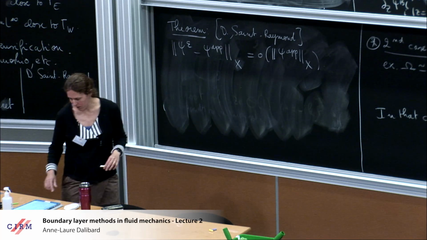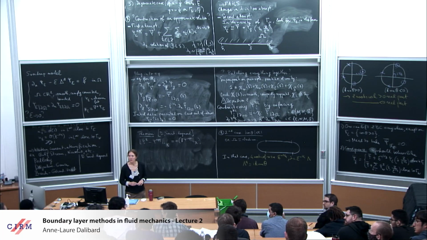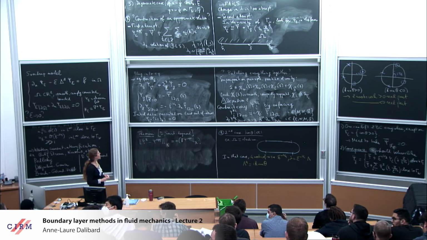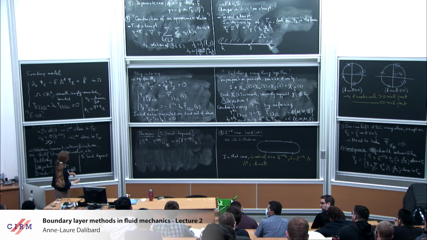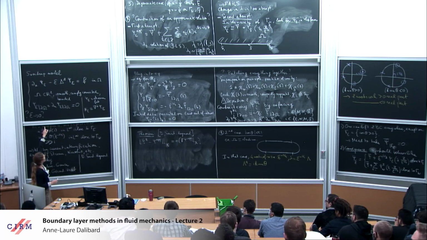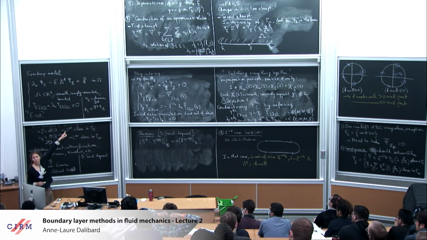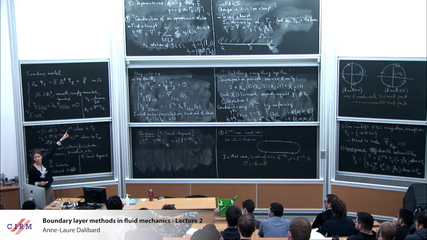Okay, so are there questions? Well, yes and no. So psi bar handles the f, and then you have a remainder which will be epsilon times the Laplacian of psi bar.